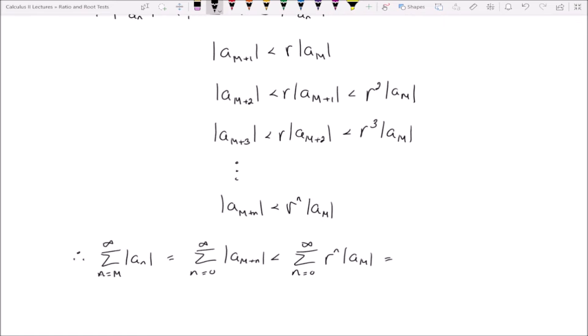But that a sub m is a constant, so we get the absolute value of a sub m times the series n equals 0 to infinity of r to the n.